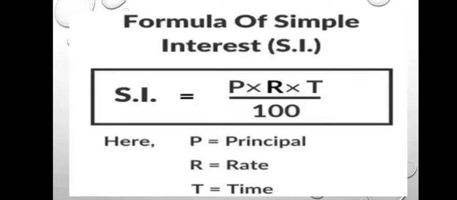Then R means rate, which is the rate of the interest. It is usually given in percentage. Then T means time, the period for the investment, which could be in months or in years.